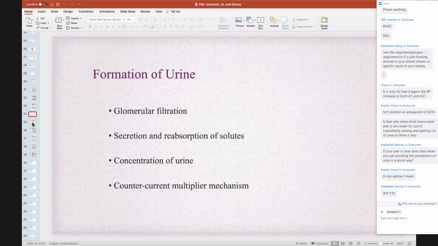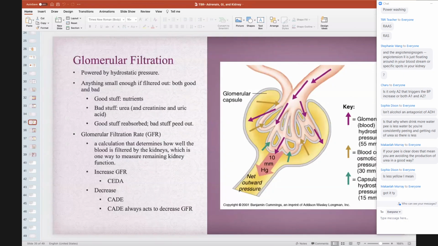So how would we get albumin in the urine? Fantastic question. So glomerular filtration, powered by hydrostatic pressure. So what the heck is hydrostatic pressure? Well, we have these blood vessels that are flowing all this blood in. You have all this liquid that's being shoved into this glomerulus.